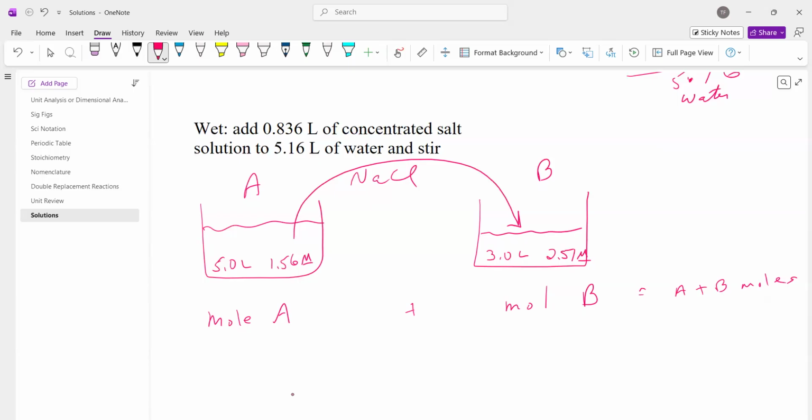A plus B, right? We have 5 and 1, 7 and another, add them together, that's it. Okay, next is volume. What's the total volume? Volume A plus volume B.